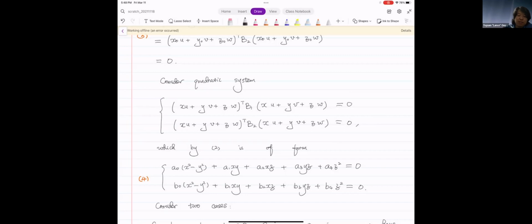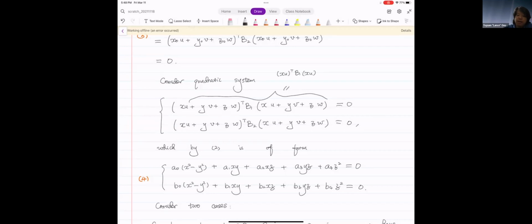So let's actually do an expansion over here. What's the expansion over here? If I expand everything, then I should have something like this. I should have an x squared times, well, let's do it step by step. I should have an xu transpose b1 xu.